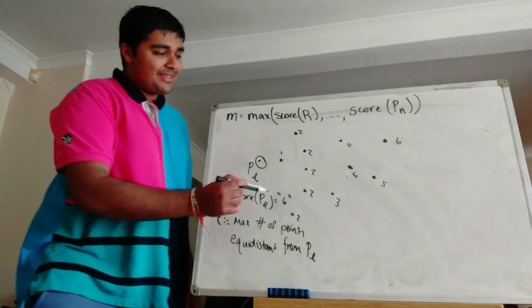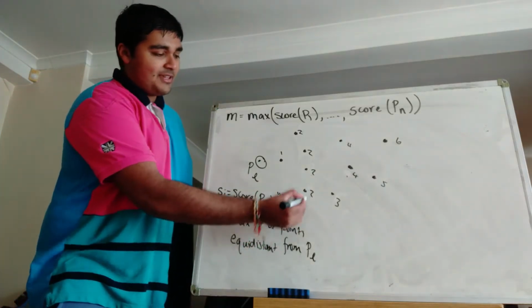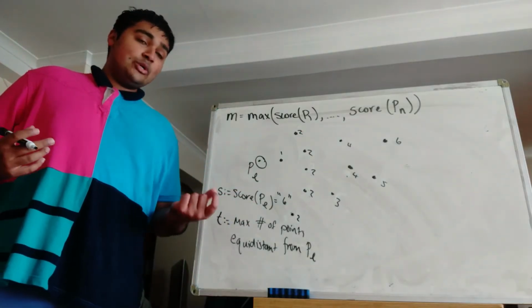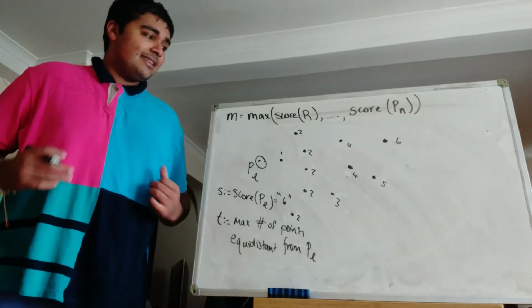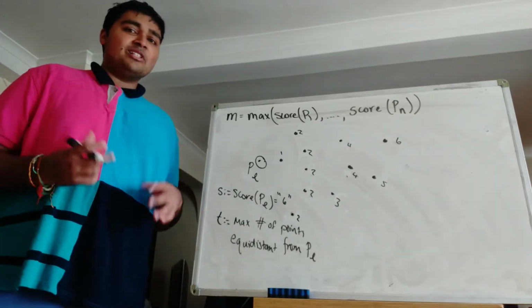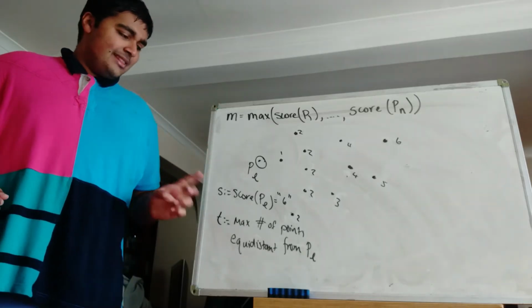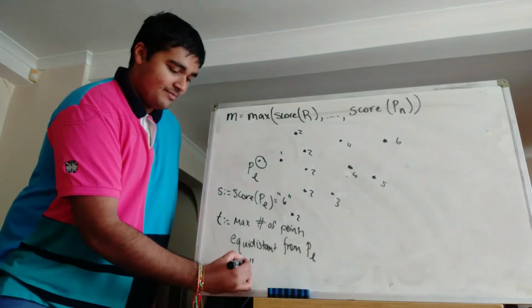Well, in this setup here, the answer will be 5. The number of points is 5, because clearly there are 5 points which are exactly 2 units away from PL. So all those 5 points are equidistant from PL, and there's no other set of points larger than 5, all of which are equidistant from PL. So in this case, T would be equal to 5.